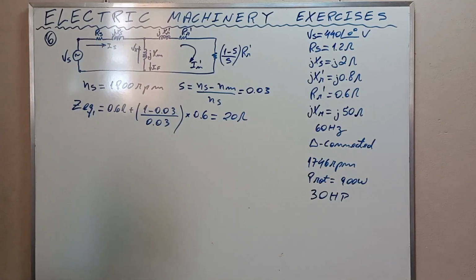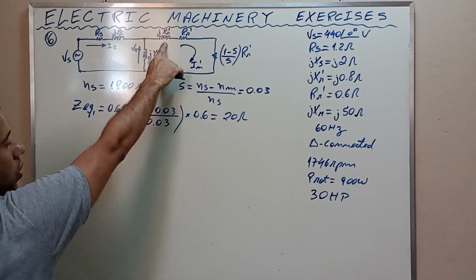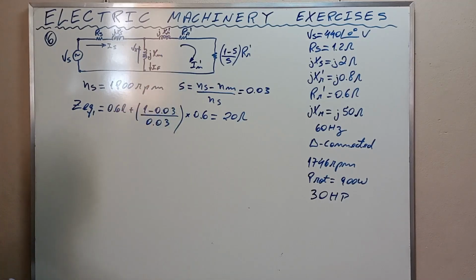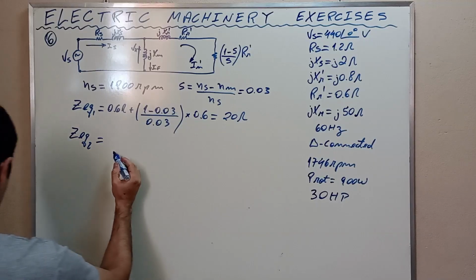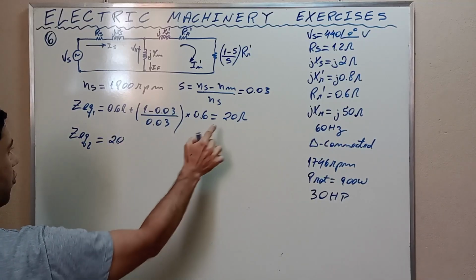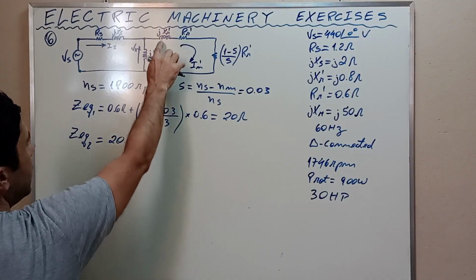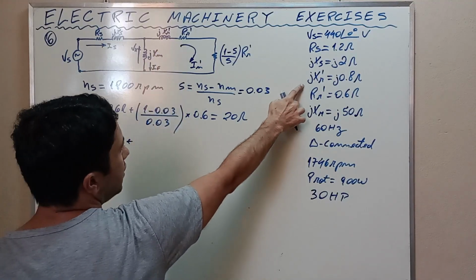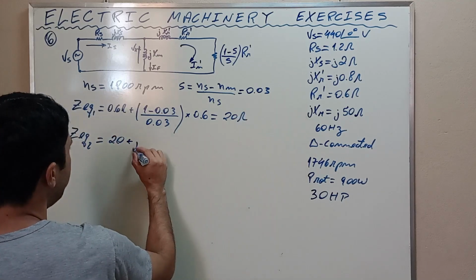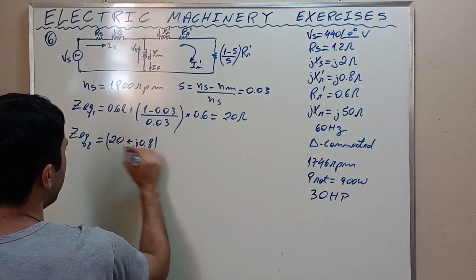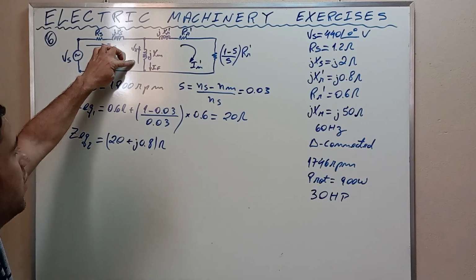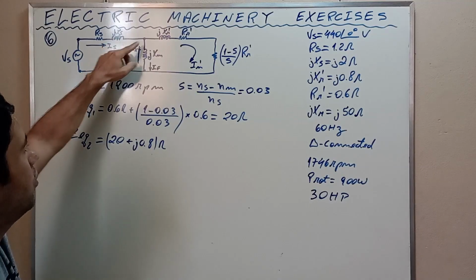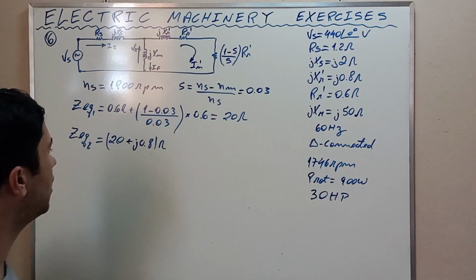All right, this is in series with this inductance here, and we are going to call it the equivalent impedance number 2. ZAC2 is going to be equal to 20 that we just calculated, plus this reactance here. The exercise said it is j0.8 ohms. All right, now we have the parallel connection between the magnetization reactance and all that we just calculated.